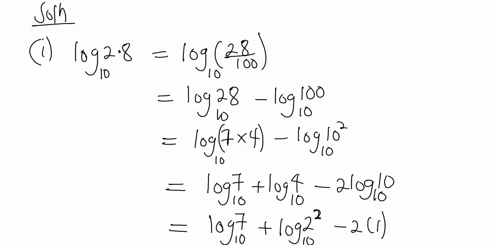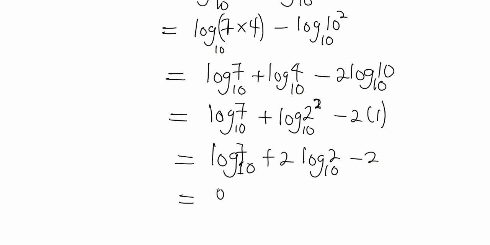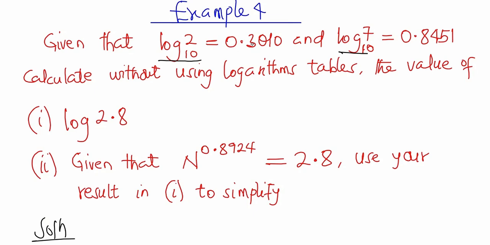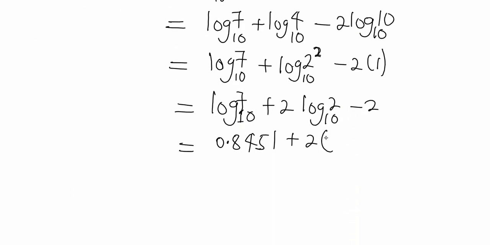So right now we write the same thing here as 0.8451 plus 2 multiplied by, and for log 2 we know its value to be 0.3010. So we write 0.3010. We have minus 2 here.